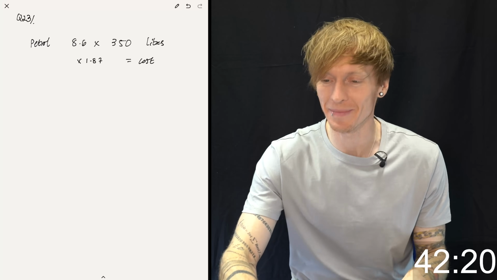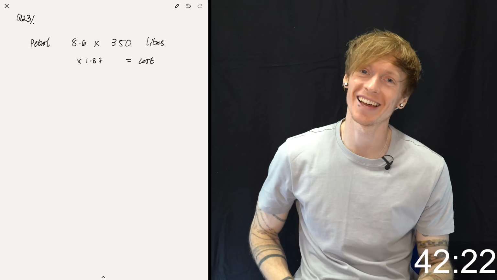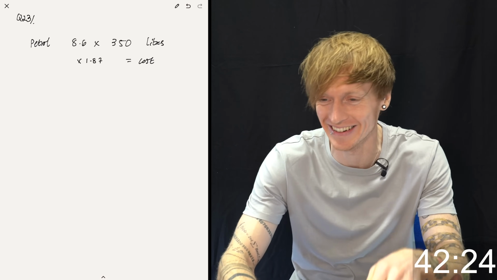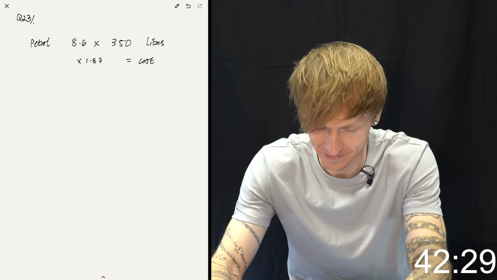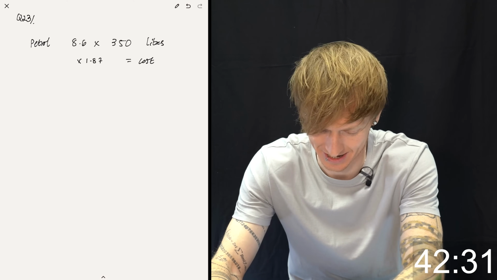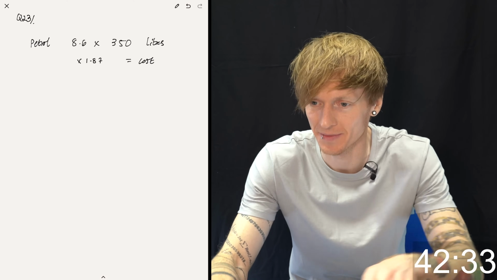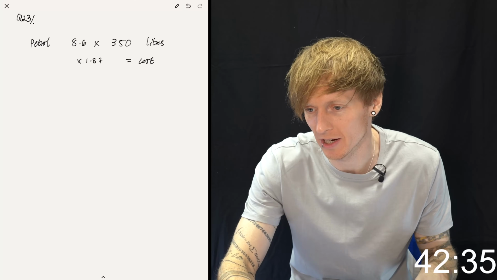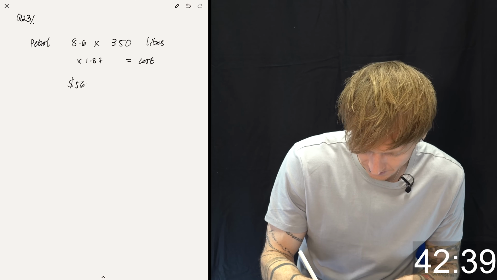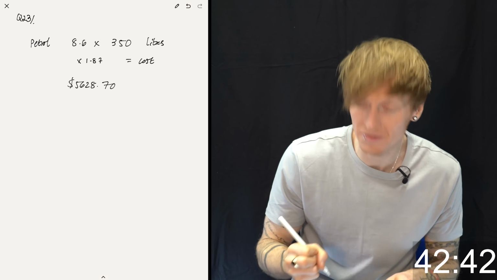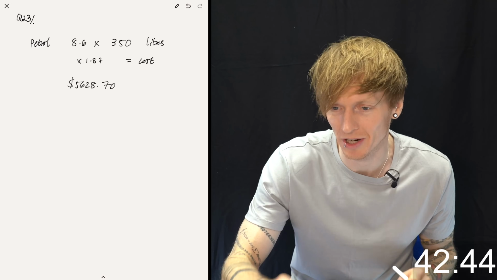So, calculator back. And these are better not just calculator questions. 8.6 times 350 times $1.87 gives a total cost of $5,628.70. Seems very reasonable for a yearly petrol cost.